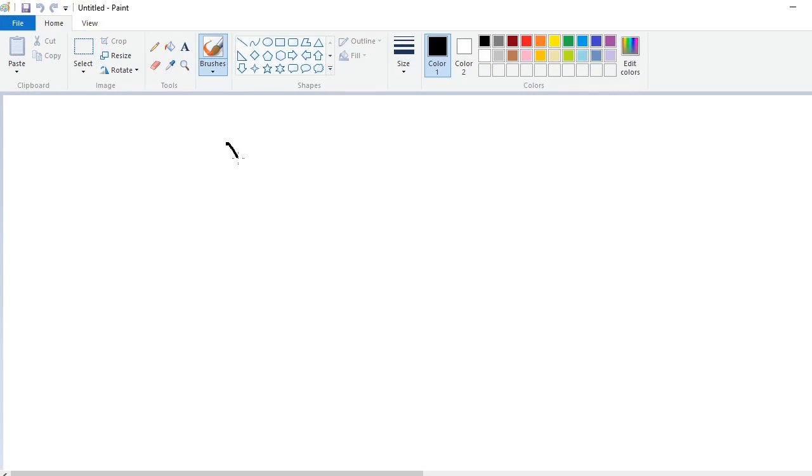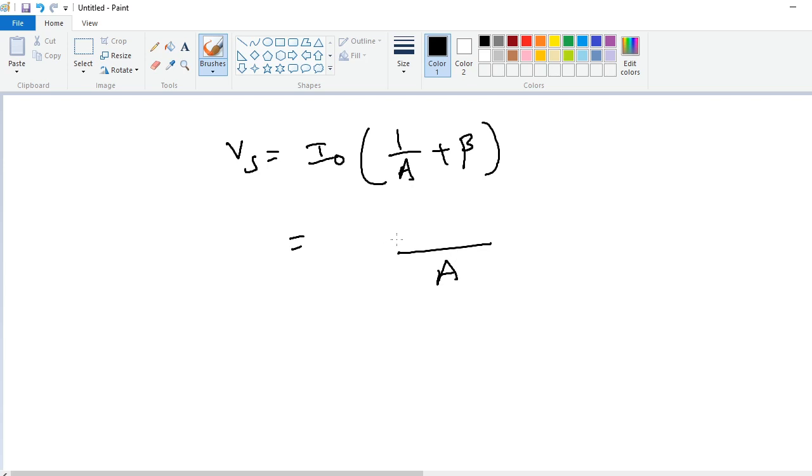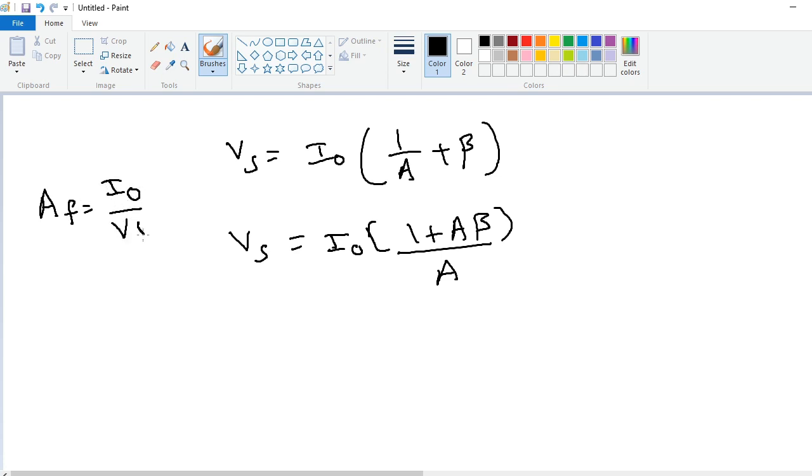Vs is equal to I naught into 1 by A plus beta. So A is the LCM. So 1 plus A beta divided by A into I naught is equal to Vs. So amplifier gain with feedback AF is equal to overall output I naught divided by Vs. Okay, this is the formula.